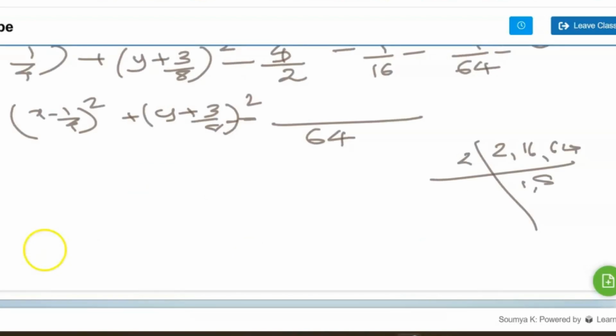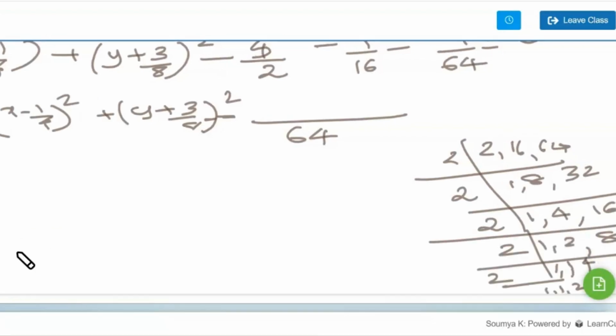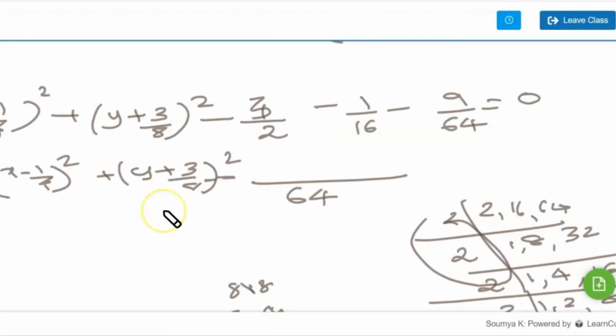So 2 1s are 2, 2 8s are 16, 32, 2 4s are 8, 8 into 8 you will get 64. So LCM is 64, make it 64 for all the terms. I'm talking about only these 3 terms. We're trying to solve by taking LCM.